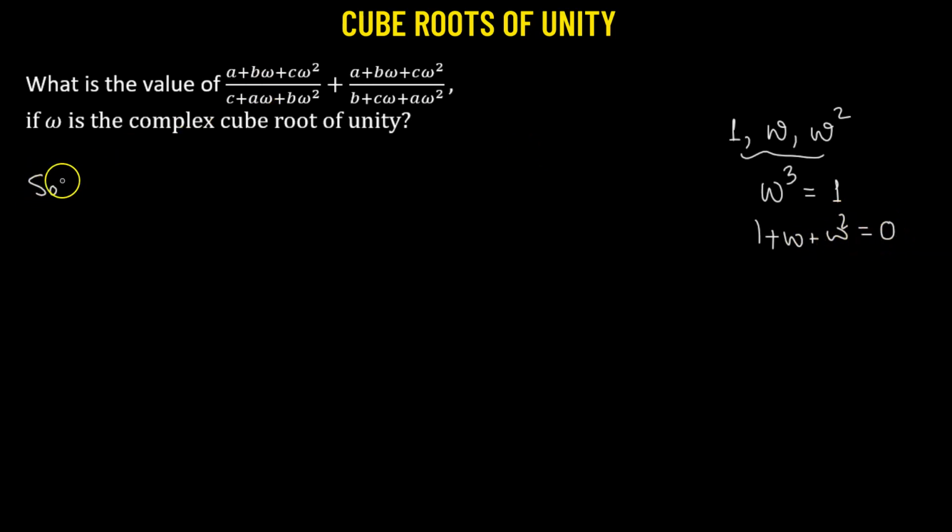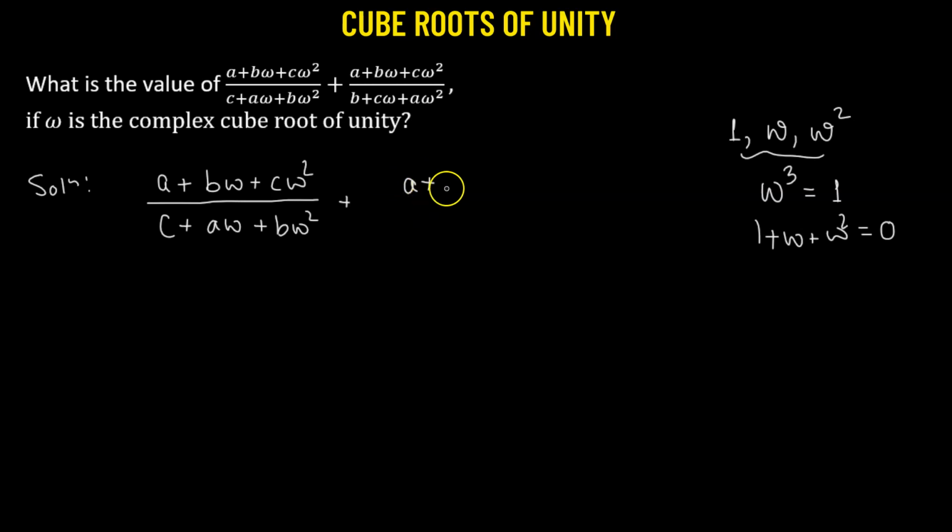Now, let's try to find out the value of the given expression. Here we have (a plus b omega plus c omega squared) divided by (c plus a omega plus b omega squared), added to (a plus b omega plus c omega squared) divided by (b plus c omega plus a omega squared).